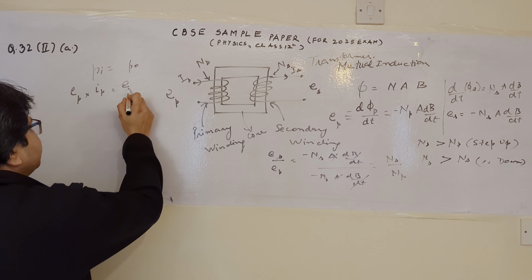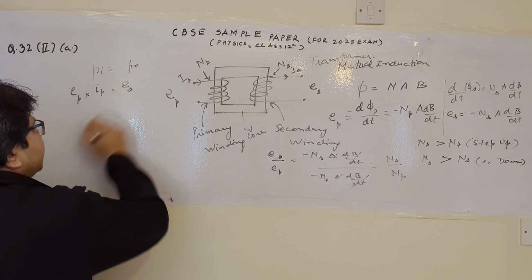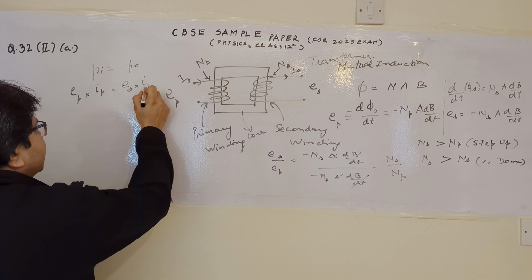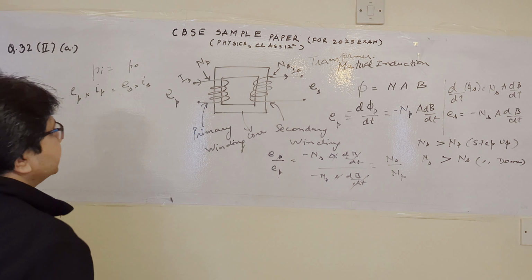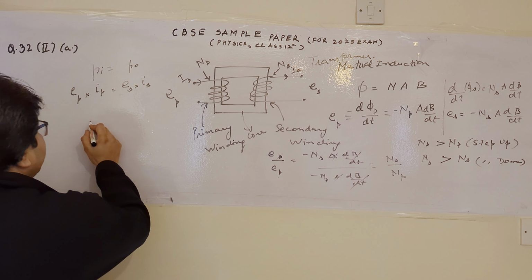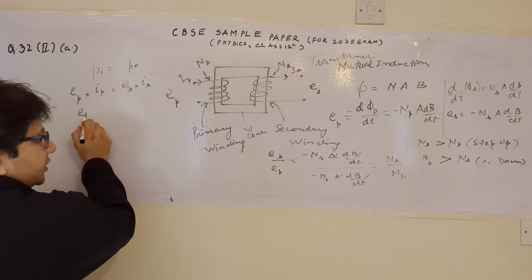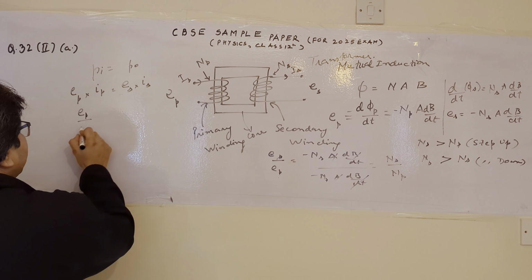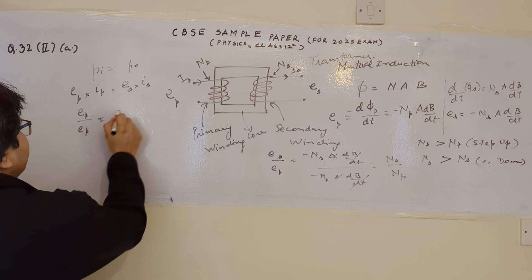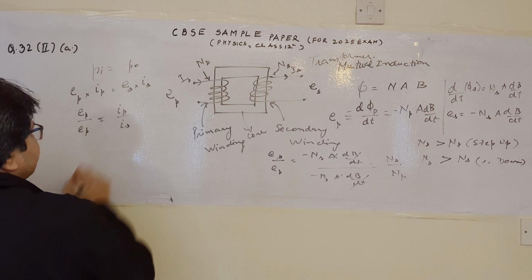So this must be equal to the output at the secondary side, which is E_s multiplied by I_s, the current in the secondary side. So from here we can write it down as E_s upon E_p is equal to I_p upon I_s.